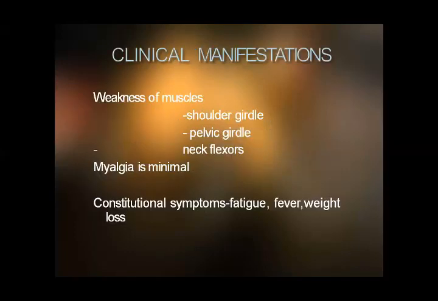Okay, if we look at the clinical manifestations of polymyositis, because it is a chronic inflammatory disease of the muscles that leads to swelling, weakness, and atrophy of the muscles. The muscles of the shoulder girdle, pelvic girdle, and neck flexors are commonly involved, and the patient may have difficulty raising the arms and difficulty standing from a seated position. The patient sits on the chair and is unable to stand up, or even in the washroom they sit on the commode and are unable to stand up because of the pelvic girdle muscle involvement, and there may be weakness of the neck flexors.